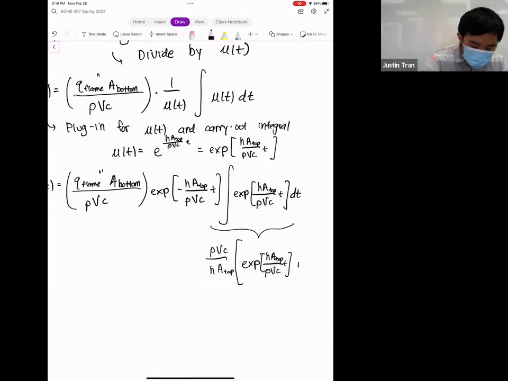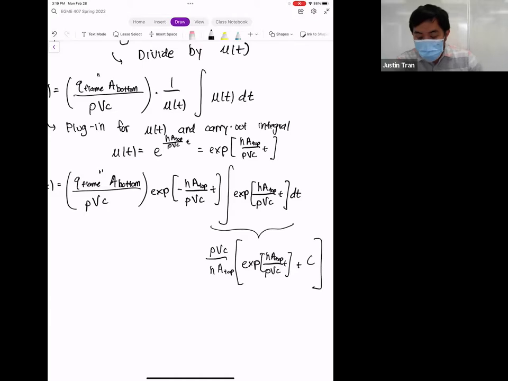Since we're doing an indefinite integral, in other words we're not integrating with respect to any bounds, we're going to add a C to that.